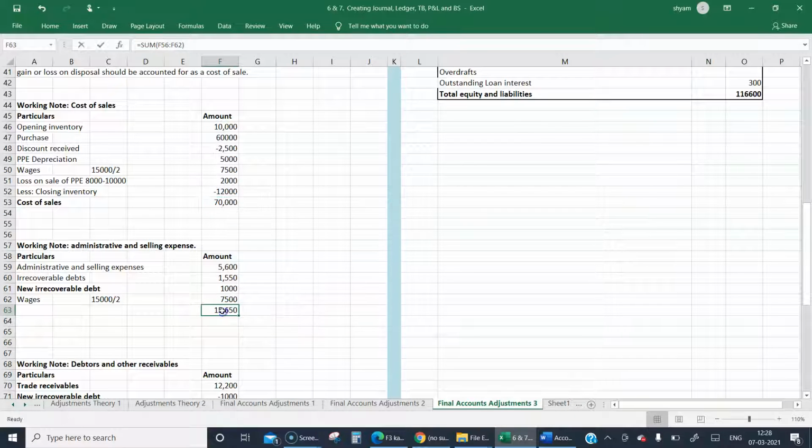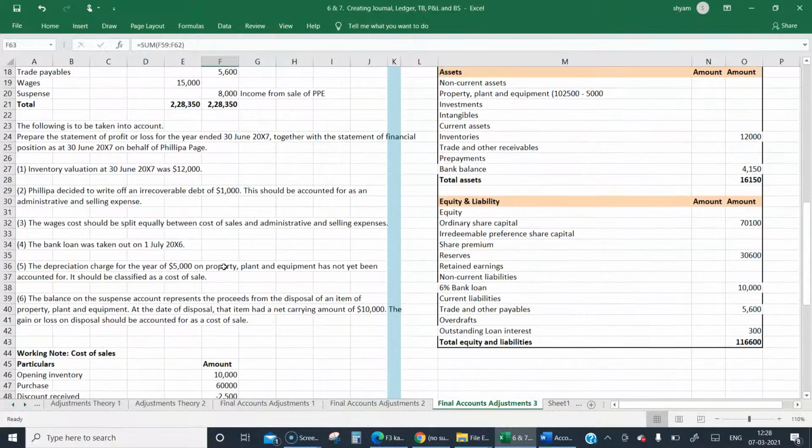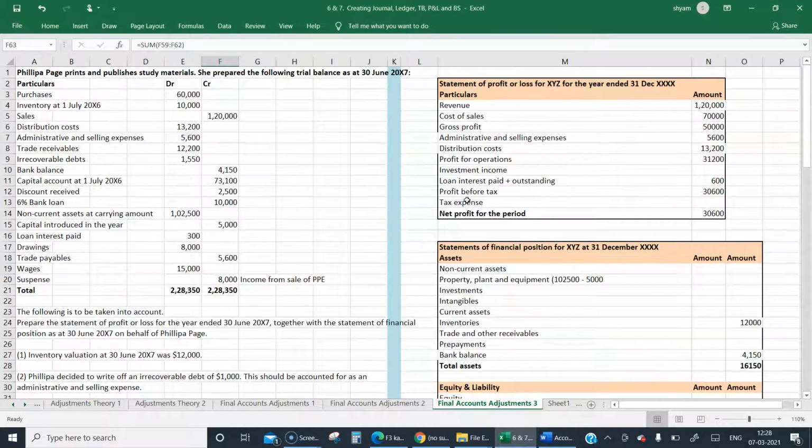So the total would be, this is an expense, this is a new expense, and this is the expense. So that comes to 15,650. Admin and selling expenses 15,650.